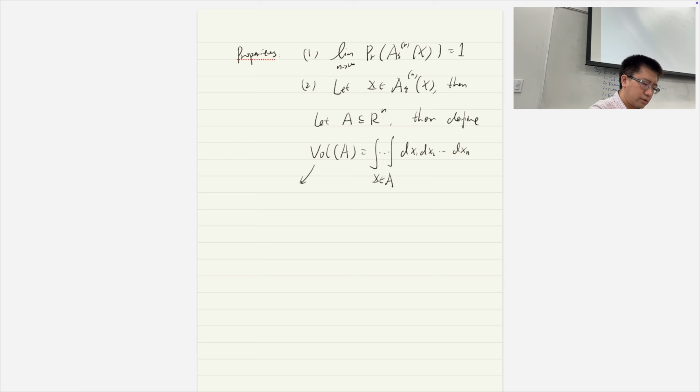Okay, so let's see this volume. Now we use the volume to measure the size of A. So now you can expect that, right? If the volume of A would be less than or equal to what, and bigger than or equal to what?